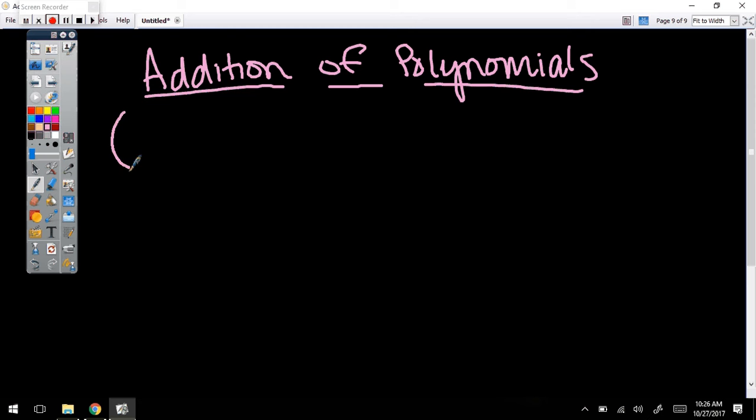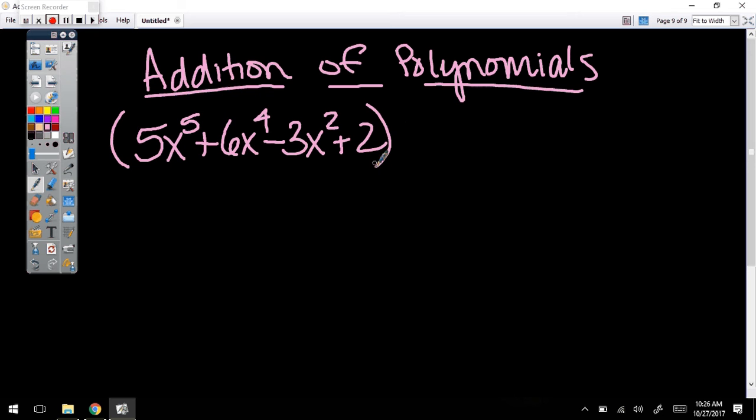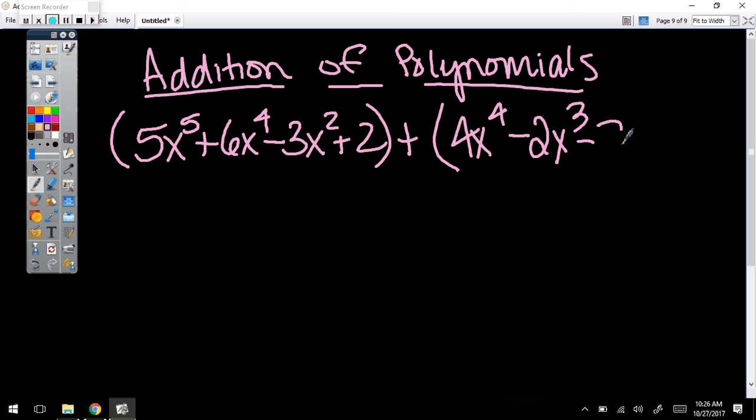Let's say I had 5x to the 5th, plus 6x to the 4th, minus 3x squared, plus 2, plus 6x to the 4th, plus 4x to the 4th, minus 2x cubed, minus 7x squared plus 8x.